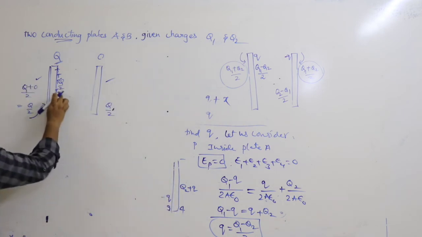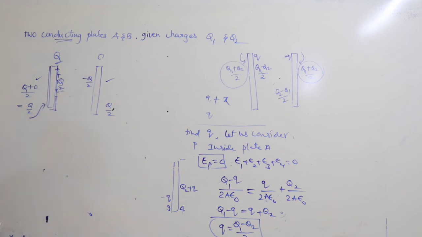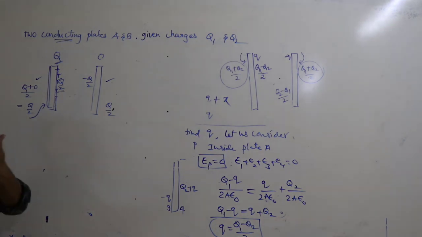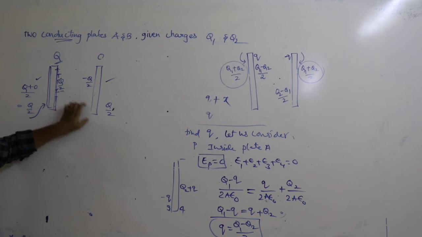It means if this is q by 2, this will be minus q by 2. If this is q by 2, this will be minus q by 2. You can verify: this is minus q by 2, this is q by 2, both together 0. So this is how the charges are distributed on the conducting plates.